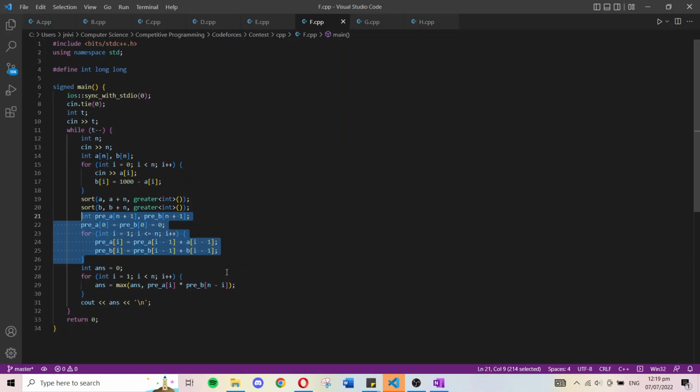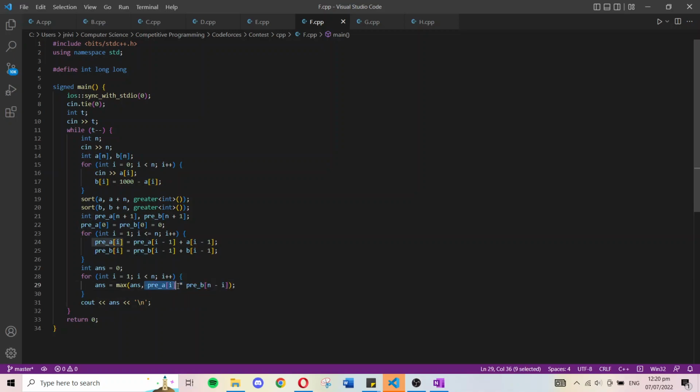So pre-A, okay. And then the answer is the maximum among all prefix sums in A times the prefix sums in B, so basically pre-A_i times pre-B_(n-i).